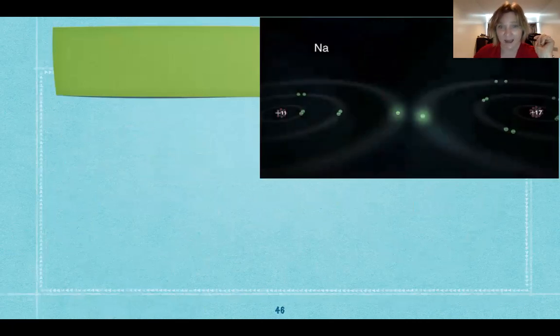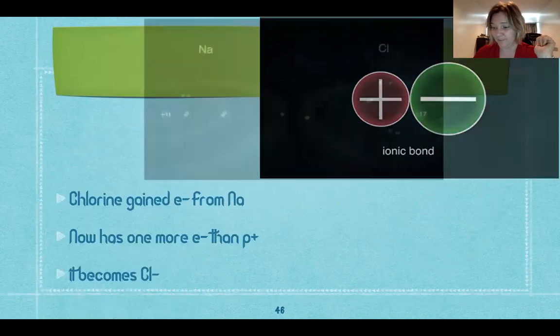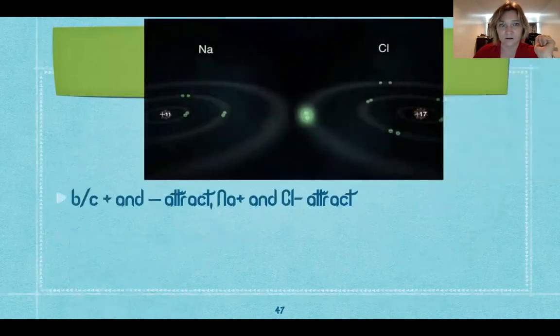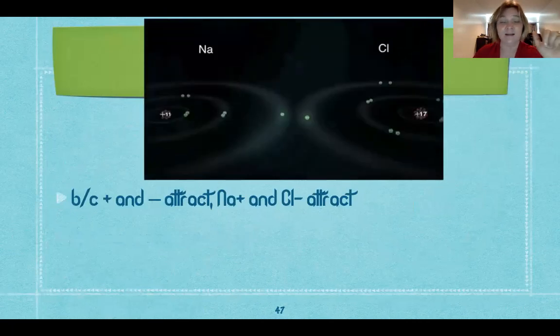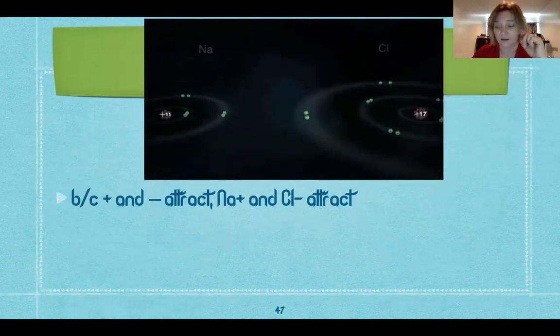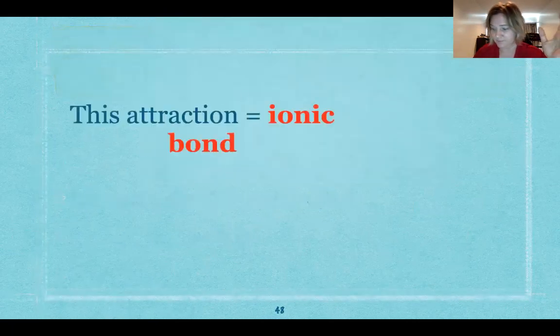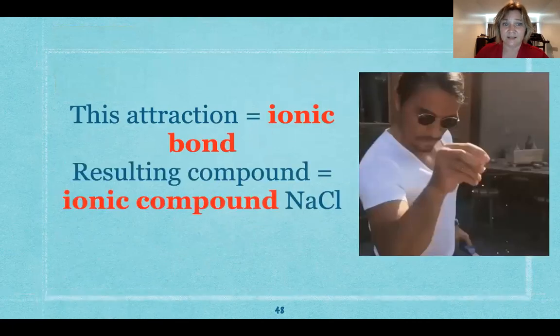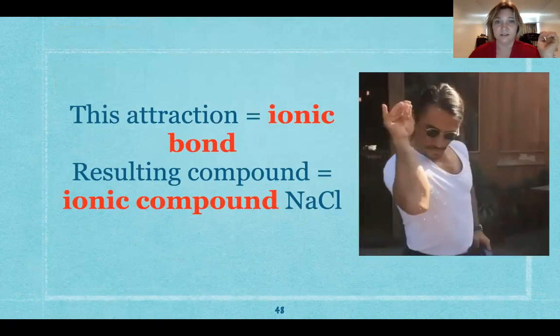That they attract. Sorry about that. So because positive and negative attract, the sodium ion and the chloride ion are attracted and they form an ionic bond. For sodium and chlorine, as an example, the resulting compound is sodium chloride, or salt.